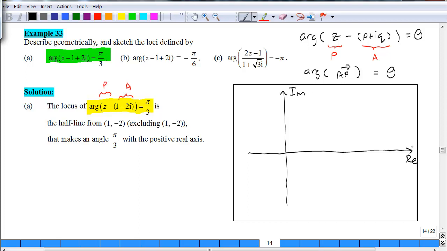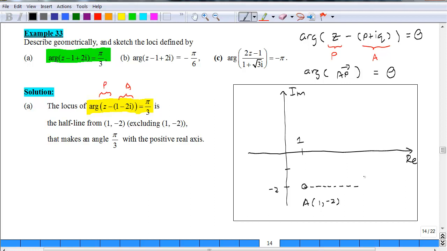The point A is 1, negative 2, so the point A is here. Now after you have marked out the point A, you draw a horizontal line from A in the positive direction. You draw a small circle at A because the locus representing the half line does not include the point A itself.